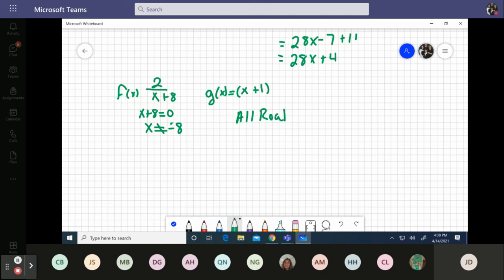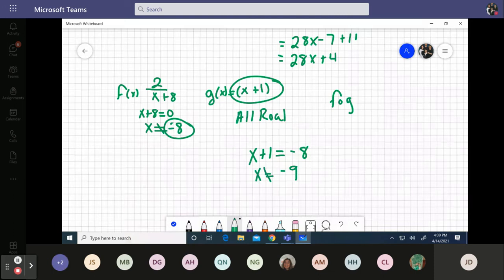So my only restriction, since one of them is all real, and I need f of g, then I need to set x plus 1 equal to that restriction, right? And that's going to give me x is equal to a negative 9.